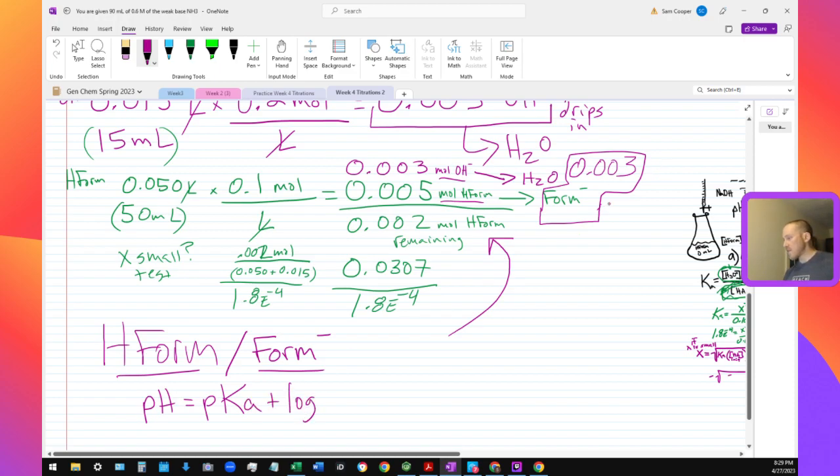Because we have, this is the A minus, right? That's our concentration of base, essentially. Here's our concentration of acid. So we're basically ready to rock some Henderson-Hasselbalch here.